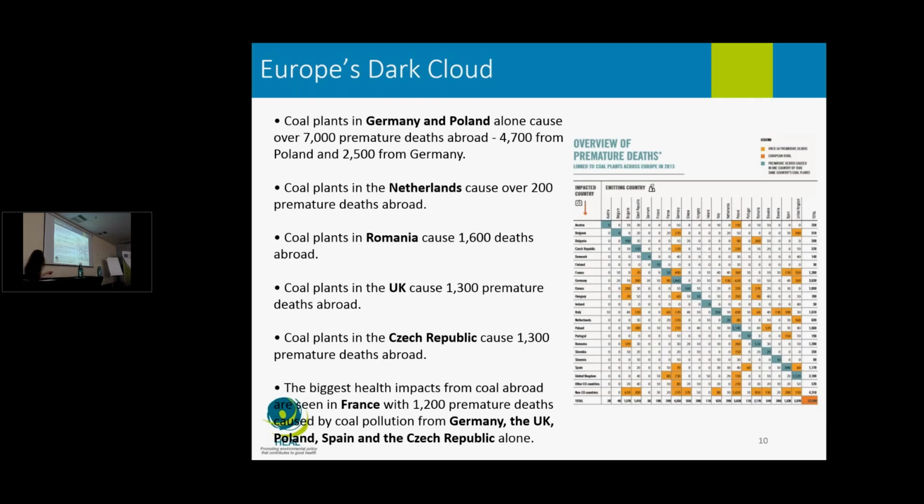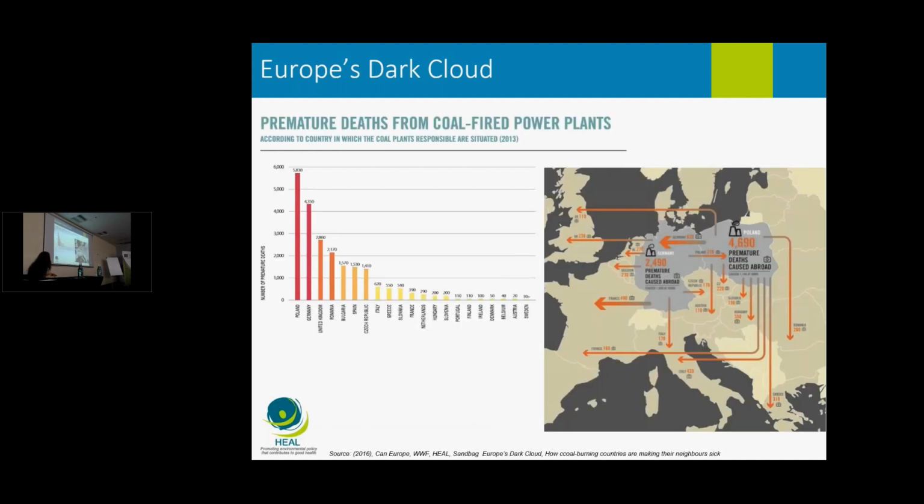And an interesting case is France, which is the biggest importer of health impacts. More than 1,200 premature deaths were caused by pollution from Germany, the UK, Poland, Spain, and the Czech Republic alone.